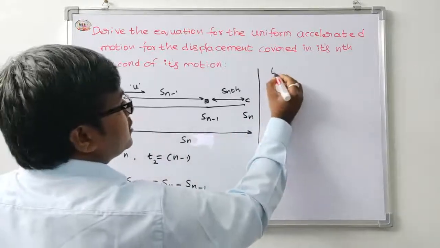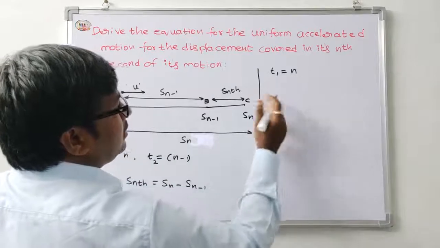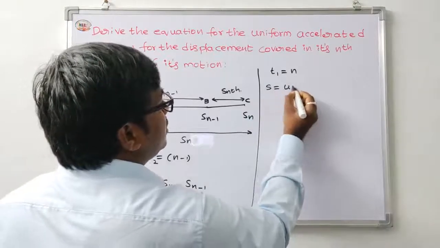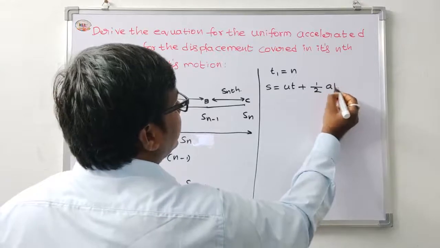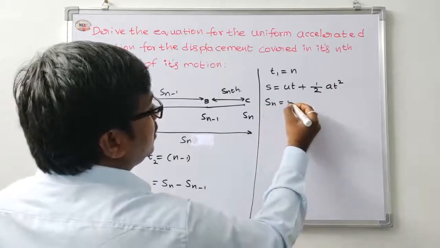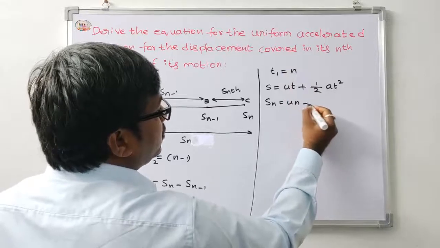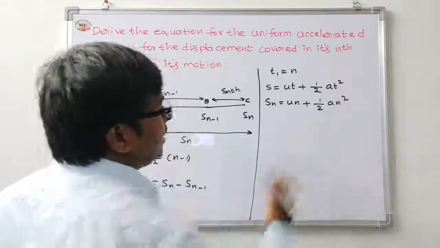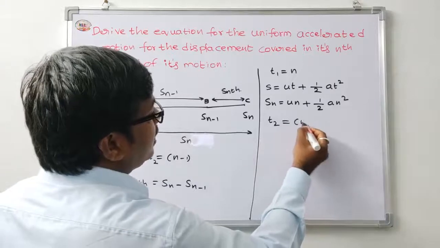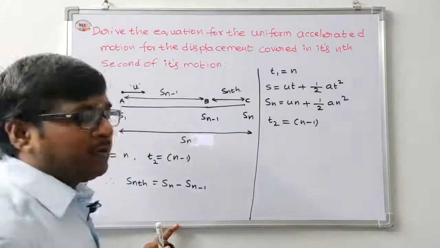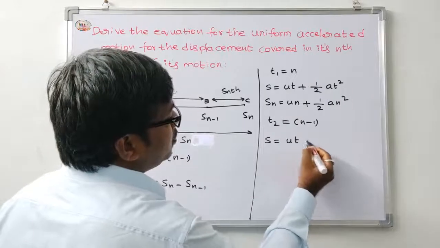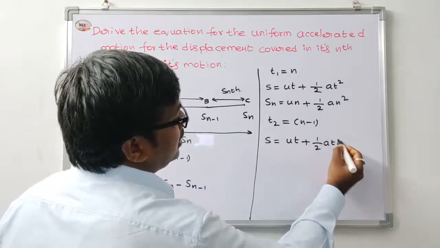First, take t1 equal to n seconds. Using the kinematic second equation, s is equal to ut plus half at square.